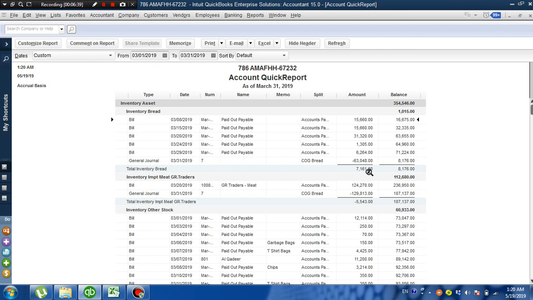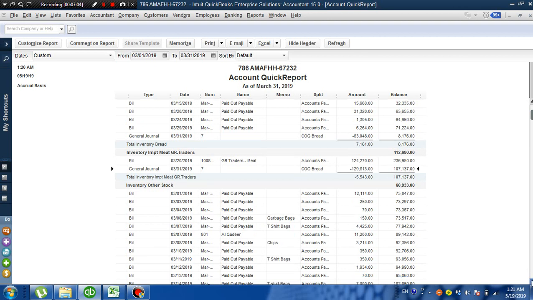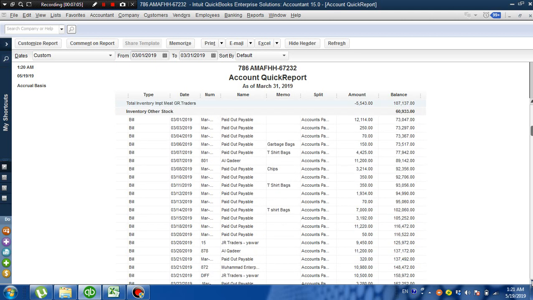Bread is purchased during the month of 7,161, and this is an imported meat item purchased 124,270. This is a general entry, and here is inventory other stock.